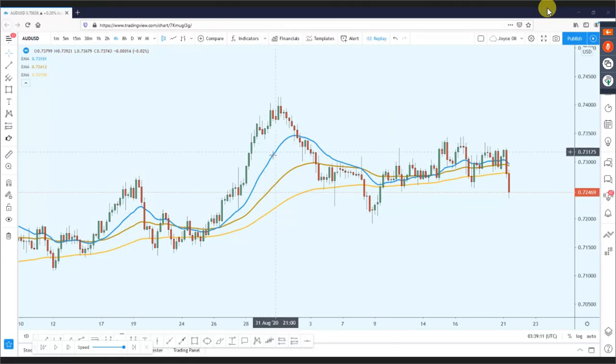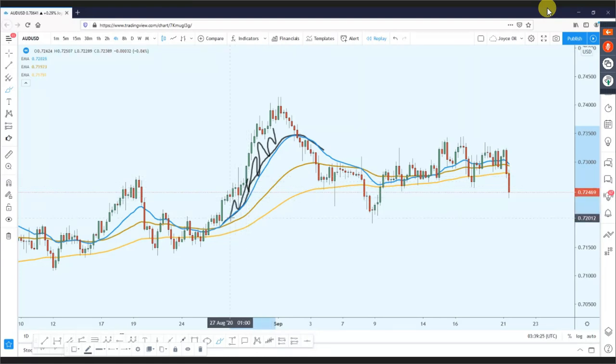So for example, here you can see that our blue river is the one closest to price. And this background here is the white river. So the more it is away from the blue, the more it's in overbought and oversold area.